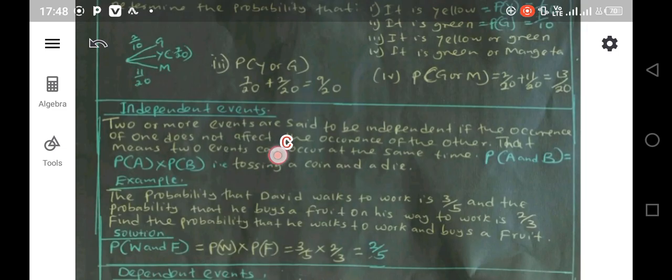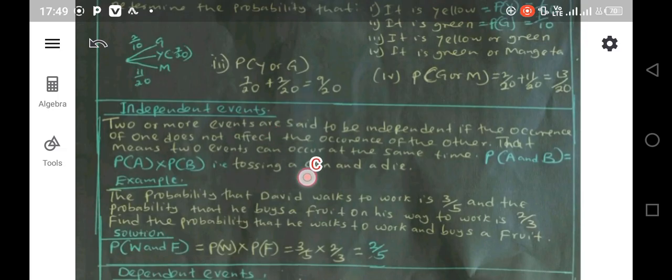Does it mean that because you are a male, you're going to be served coffee, or because you are a woman, you're going to be served tea? The two events are separate, and they are going to occur separately in that particular regard.